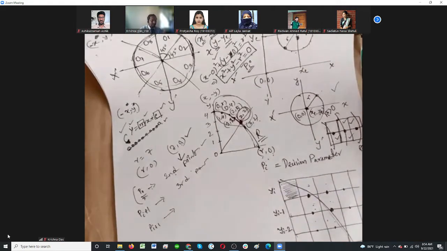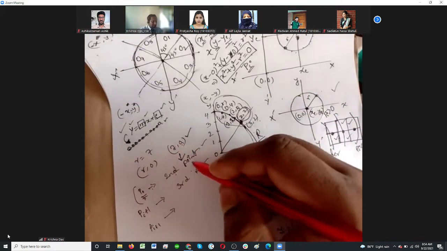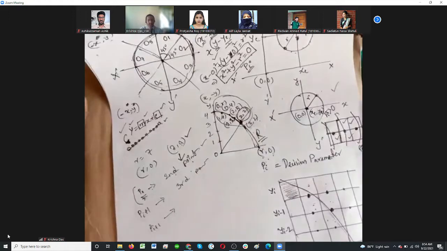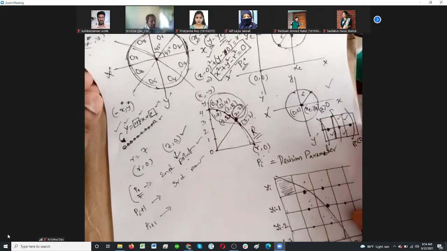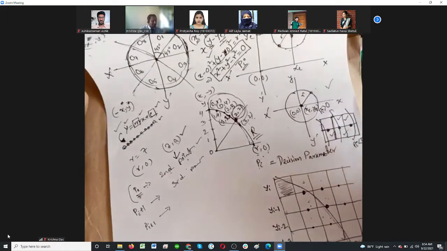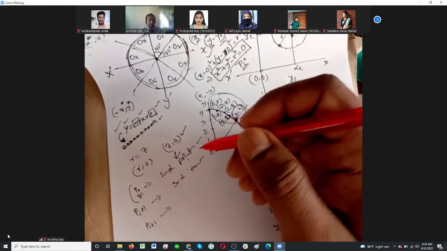So many students started this one taking it in here, which is actually the first point, so the entire process went wrong. At that time the first point was missing. Now the first point is not missing; it is considered with the initial decision parameter in the table.